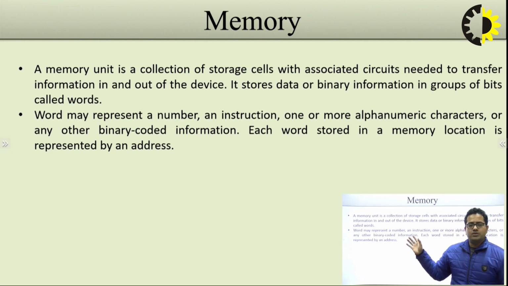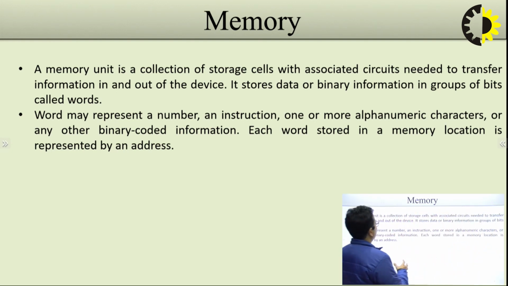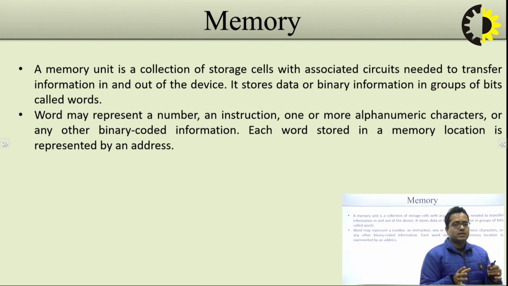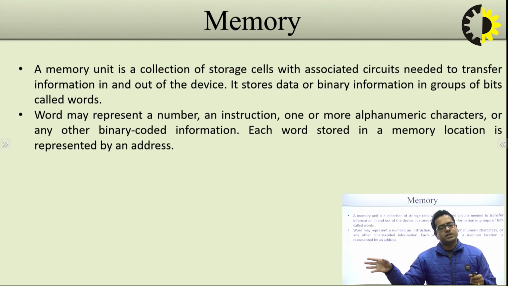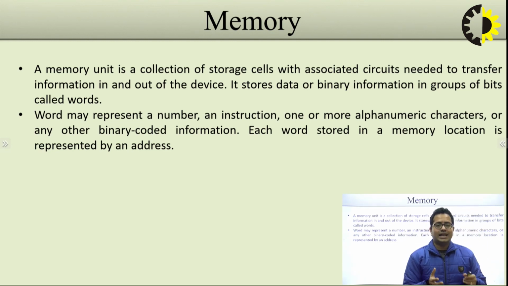We are concentrating on the memory. A memory is a collection of storage cells, and those cells store a series of zeros and ones. Now, how can we access the particular locations in which our data is stored? We need something called an address bus.